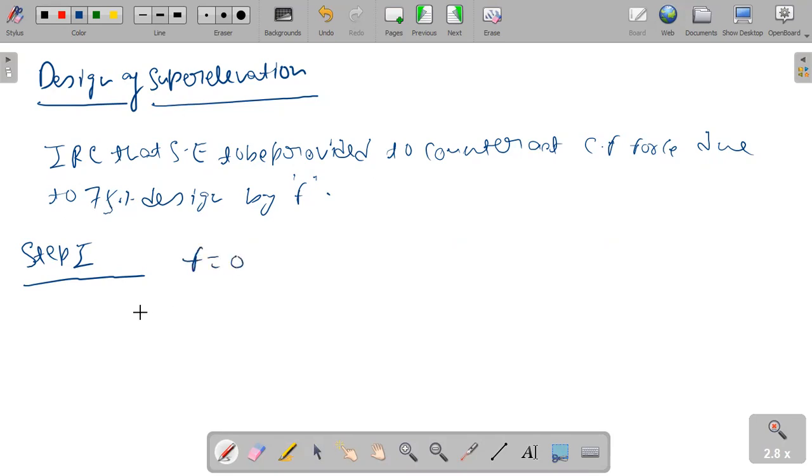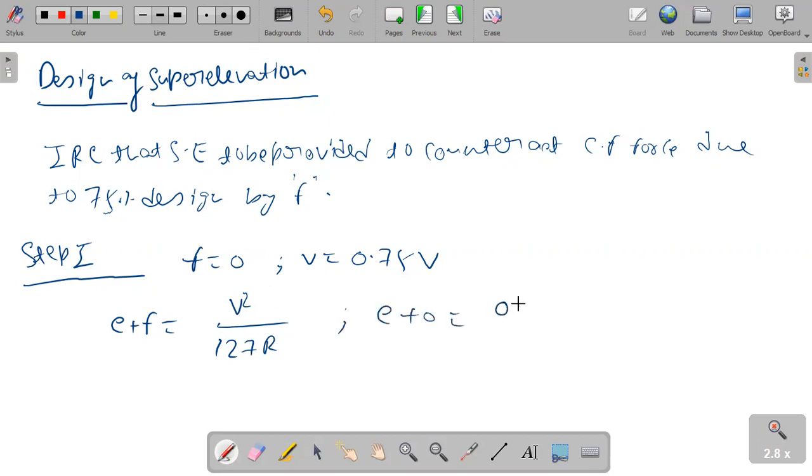Take V equal to 75% of the design speed, which is 0.75 V, and we have our formula E plus F is equal to V square upon 127 R. Put these values in this formula, so we'll get E plus 0 is equal to (0.75 V) whole square upon 127 R.